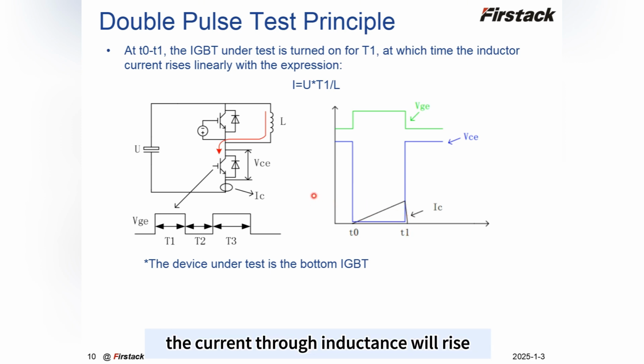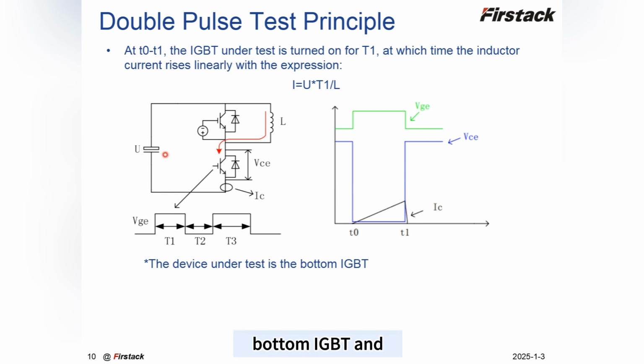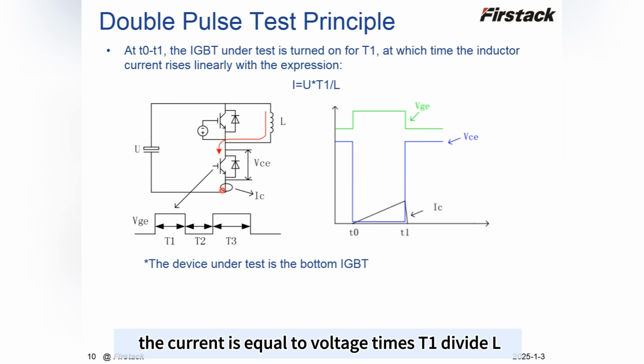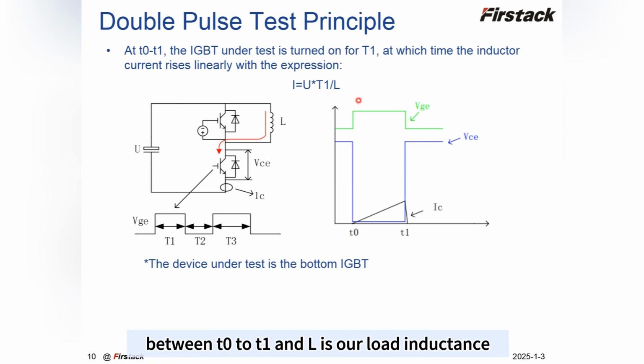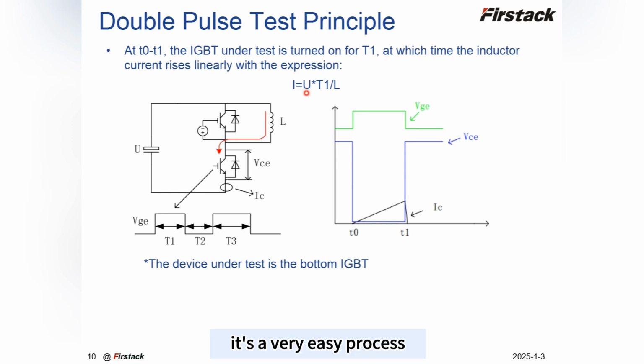The current through the inductance will rise linearly, flowing through the bottom IGBT, and it follows the expression: the current is equal to voltage times T1 divided by L, where I is the current through this red path, U is our DC voltage, T1 is the time duration between T0 and T1, and L is our load inductance. So it's a very easy process.